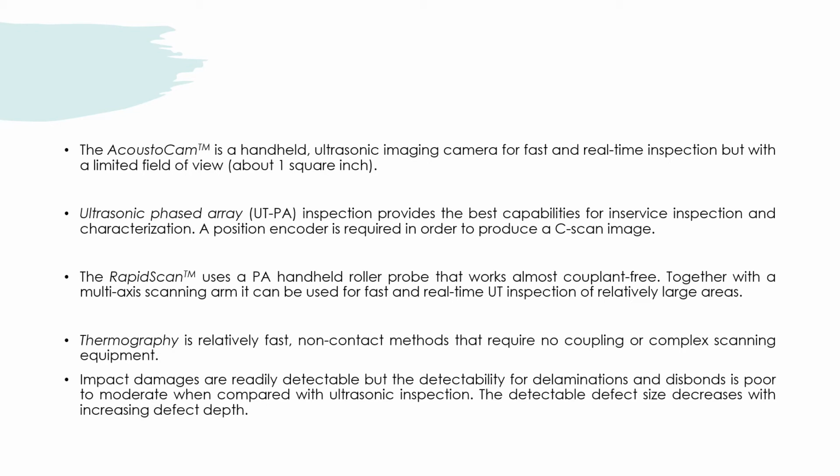A position encoder is required in order to produce a C-scan image. The RapidScan is a phased array handheld roller probe that works almost couplant free, and together with a multi-axis scanning frame it can be used for fast and real-time UT inspection of relatively large areas.